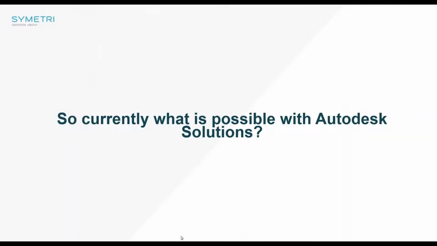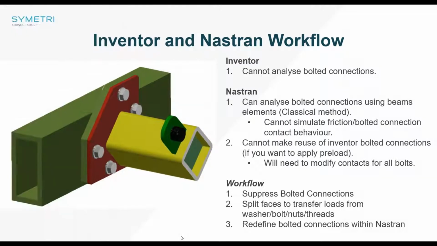Now, first of all, let's have a look. Many of you here are already using the Autodesk solutions, primarily Inventor Nastran and Inventor Stress Analysis. Depending on who I speak to from the customers, Inventor, in my opinion, can't be used to analyze bolted connections, but I have seen customers analyzing Inventor fasteners.